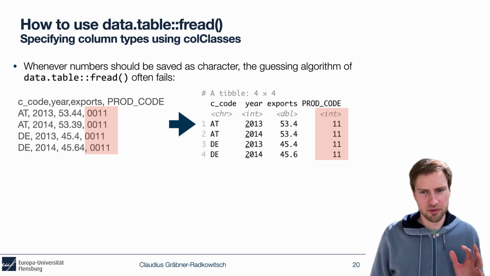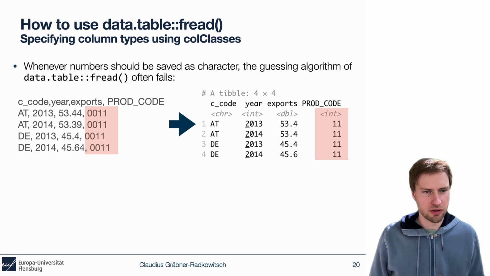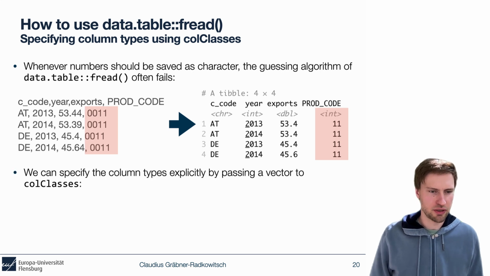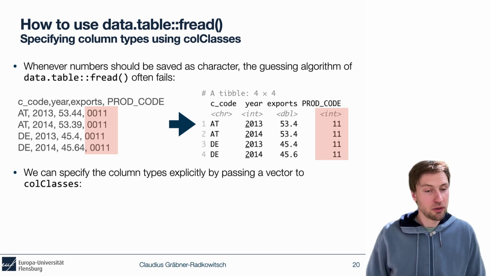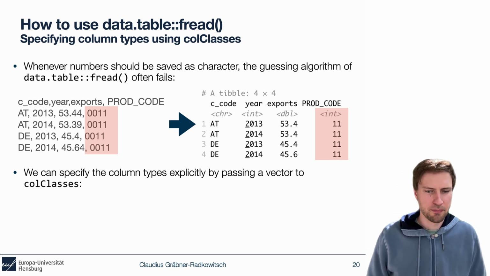So what you needed to do here is to tell R not to encode this column as an integer, but to keep it as a character string. Because if you kept it as a character string, the leading zeros would have been preserved.